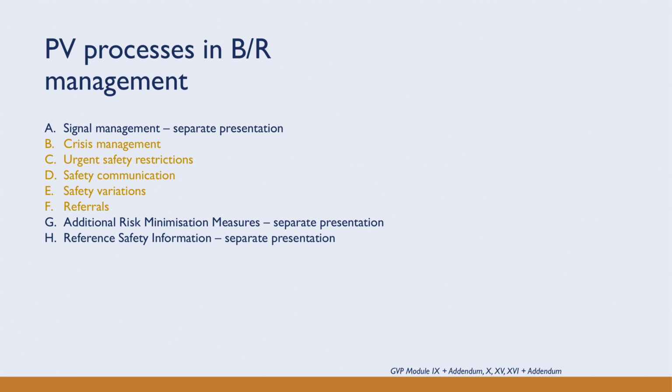Safety communication disseminates new or emerging safety information. Safety variations address changes needed in the marketing authorization. Referrals involve regulatory procedures to resolve safety concerns, and additional risk minimization measures ensure ongoing patient safety. Each of these processes plays a vital role in maintaining a favorable benefit-risk balance.